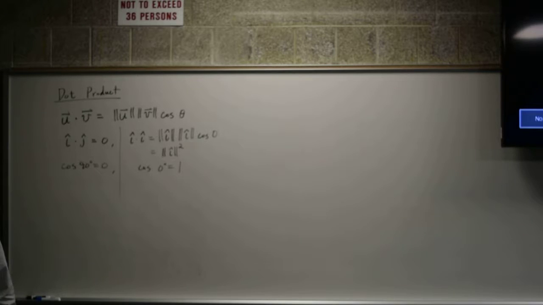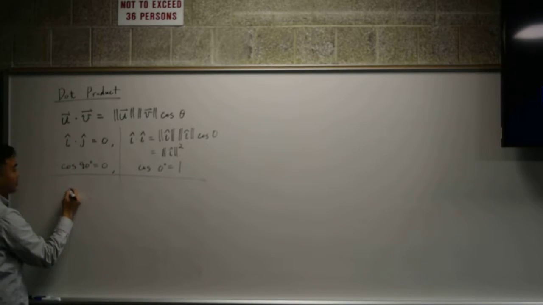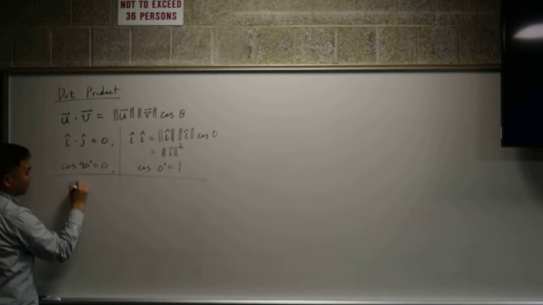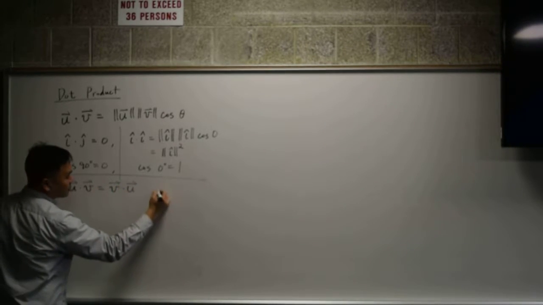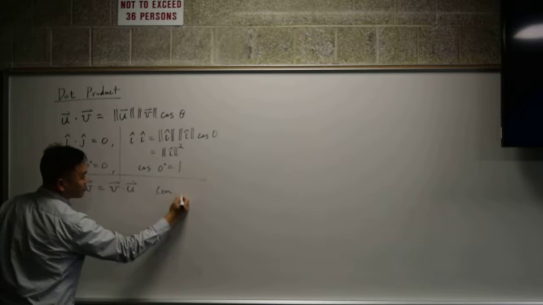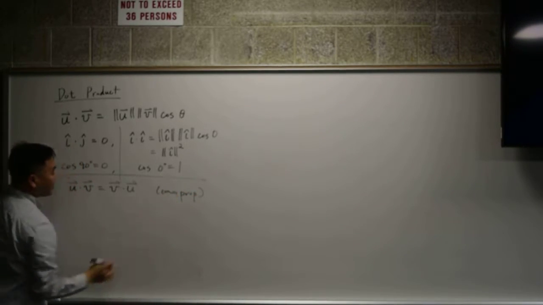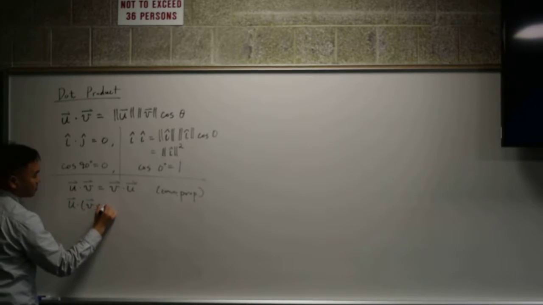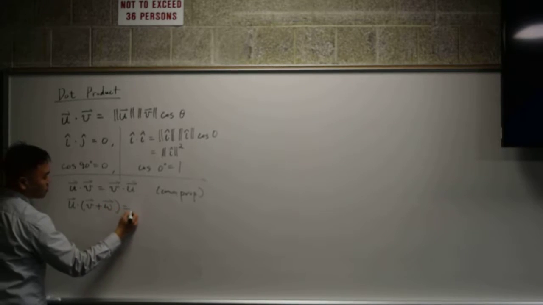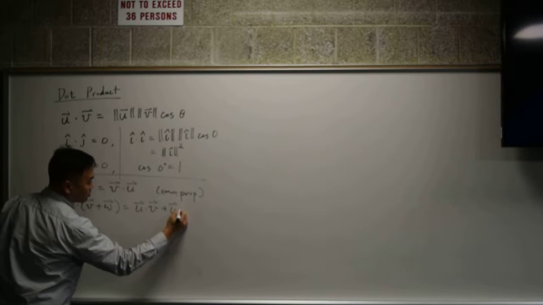All right. And I explained the two important properties: u dot v is equal to v dot u, the commutative property, and also u dot (v plus w) is the same as u dot v plus u dot w.